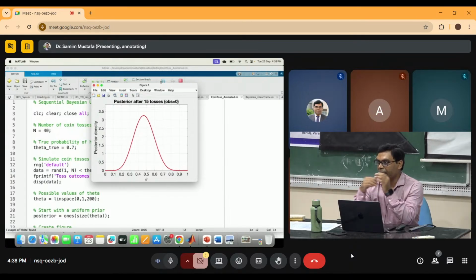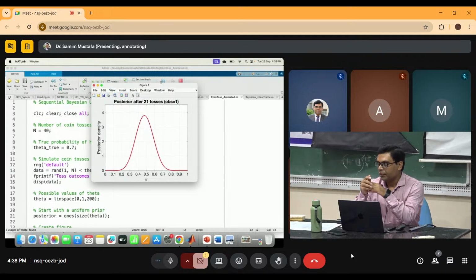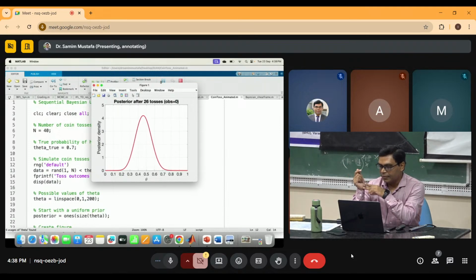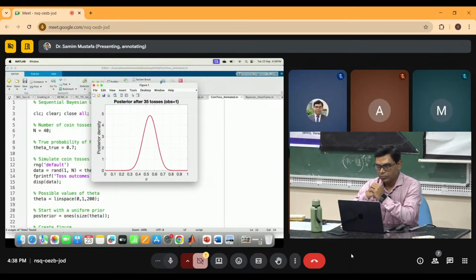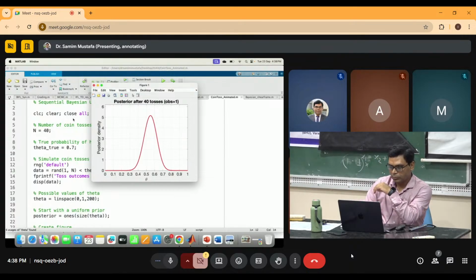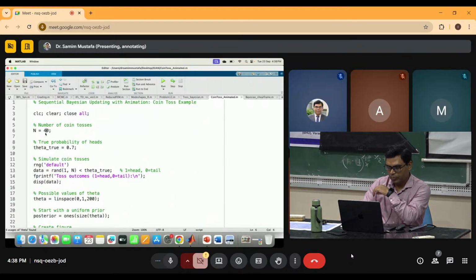You see, this is one simple illustration of the Bayesian method. At every event, based on the outcome, it is updating the information about the uncertainty of theta.